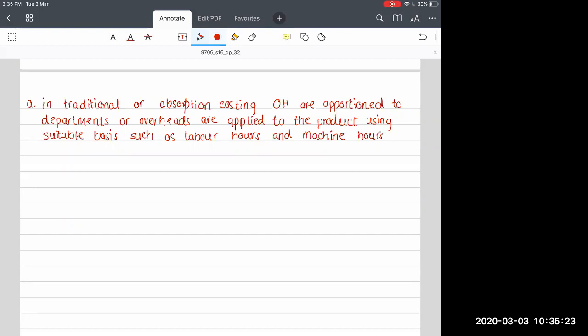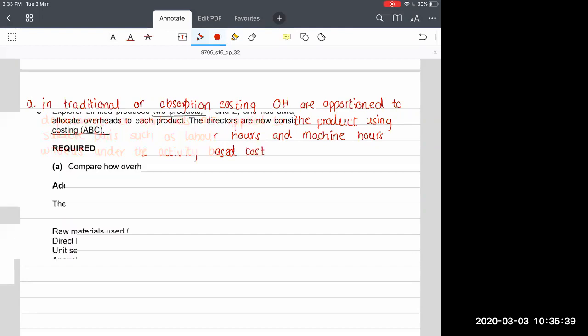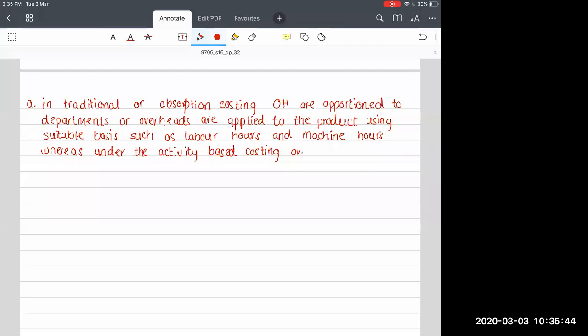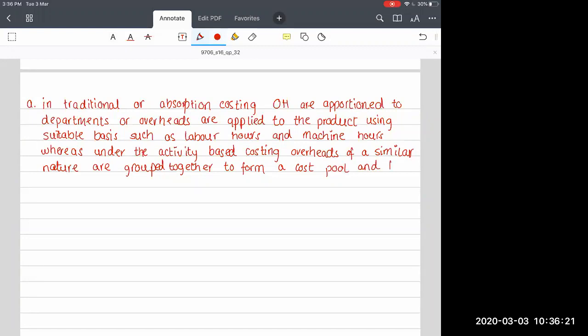Whereas under activity-based costing, overheads of a similar nature are grouped together to form a cost pool, and for each cost pool a cost driver is determined.